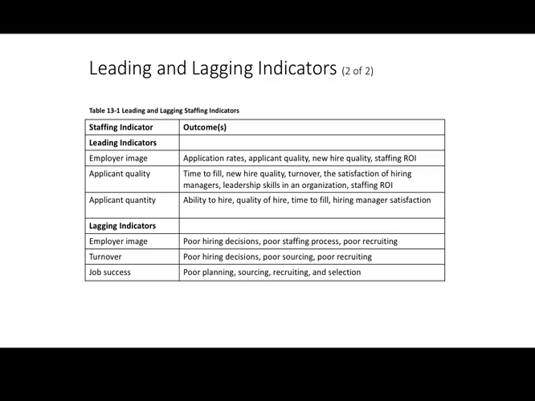Job success, again, if we have lousy job success, that means there's poor planning, poor sourcing, poor recruiting, poor selection across the board. So getting to understand leading and lagging indicators will help us with determining the key performance indicators and making the case for how we are or are not addressing our metrics and our KPIs.